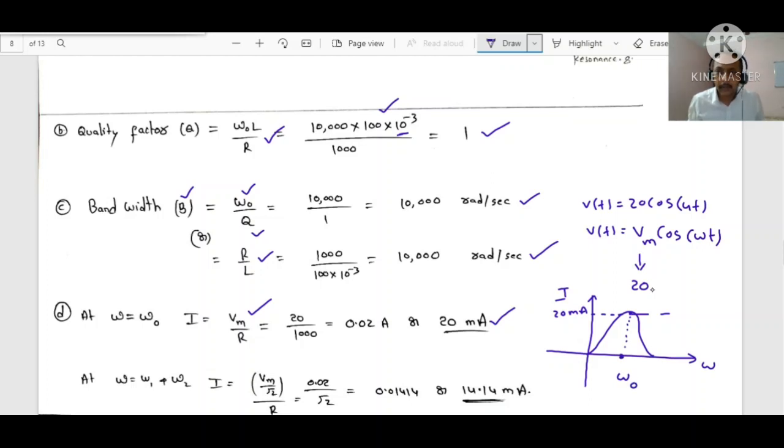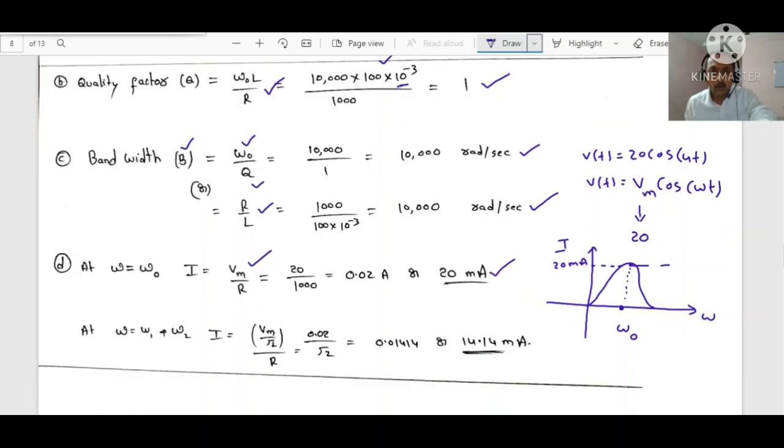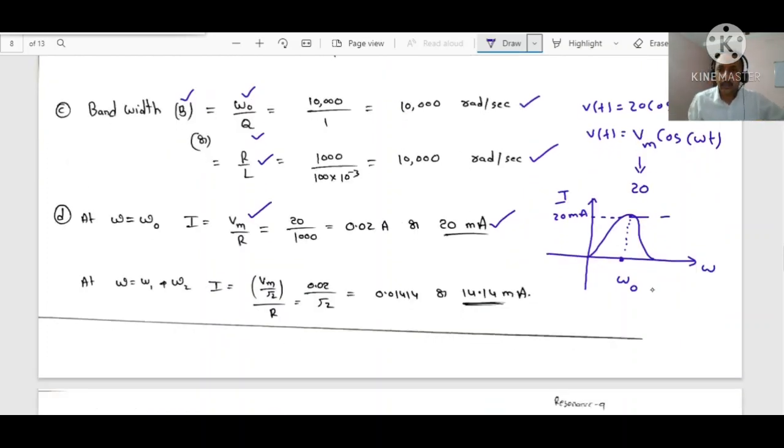Now what about the current at omega 1 and omega 2? It is simply Im by root 2. At the half power frequencies, the current will be this maximum value by root 2. At 20 by root 2 you will get the half power frequencies. This is omega 1, and this point, if you extend it, is omega 2.